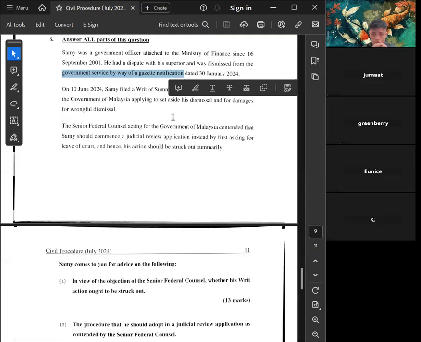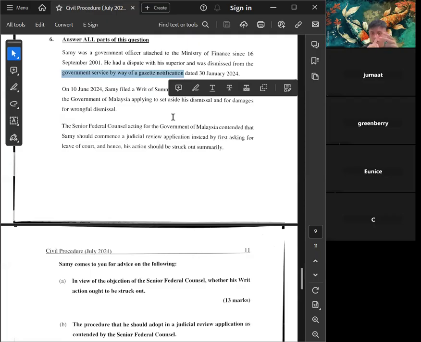Then the second objection is striking out of the statement of claim, striking out of pleading. When you file a writ action, there must be a pleading along with it, which is the statement of claim by Sammy to the Government of Malaysia. Now, under Order 18 Rule 19, the conditions under which you can strike out a pleading are: firstly, no reasonable cause of action; secondly, scandalous, vexatious, and frivolous claim; third, abuse of the process of the court.